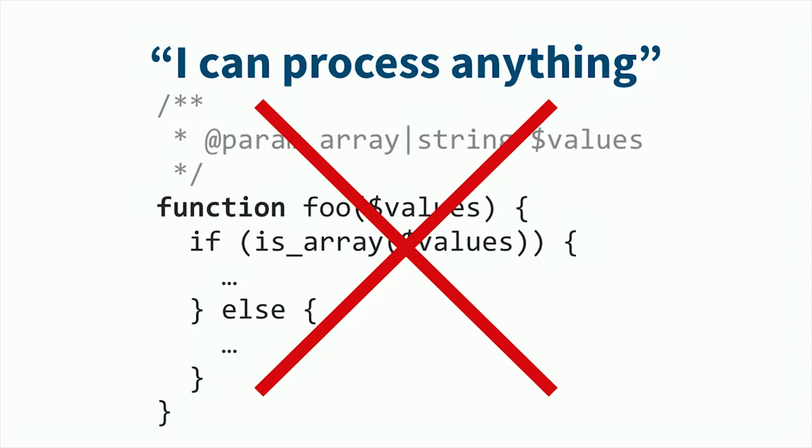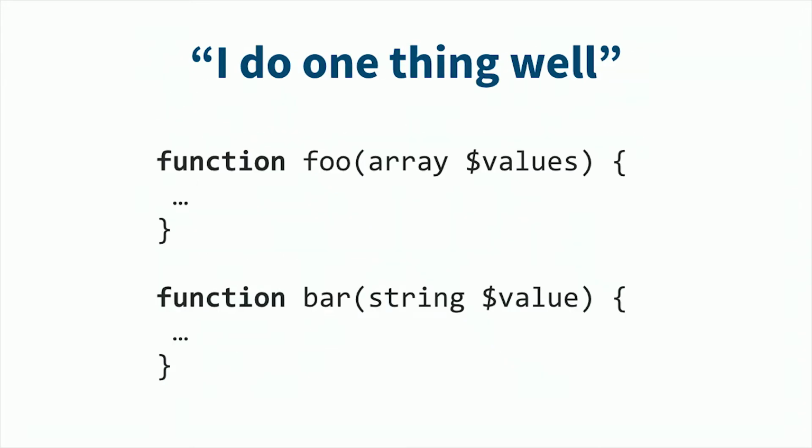But instead, I would like to recommend that you separate the method into one which accepts the arrays and another one which accepts strings. So this supports the single responsibility principle, because you write methods that do one thing and they do it well. And the user just calls the right method based on which type they possess in their hand or in their variable.